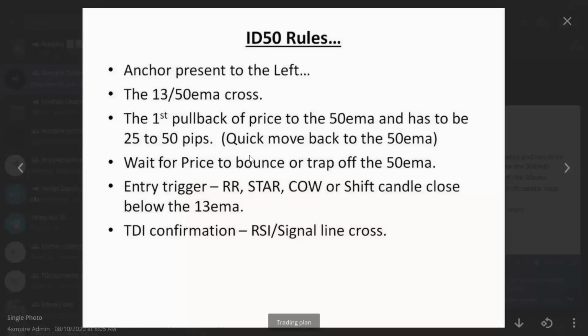All right. So first pullback of price to the 50 EMA, and it has to be between 25 to 50 pips. Now, if that move back to the 50 EMA is a very quick one, better.